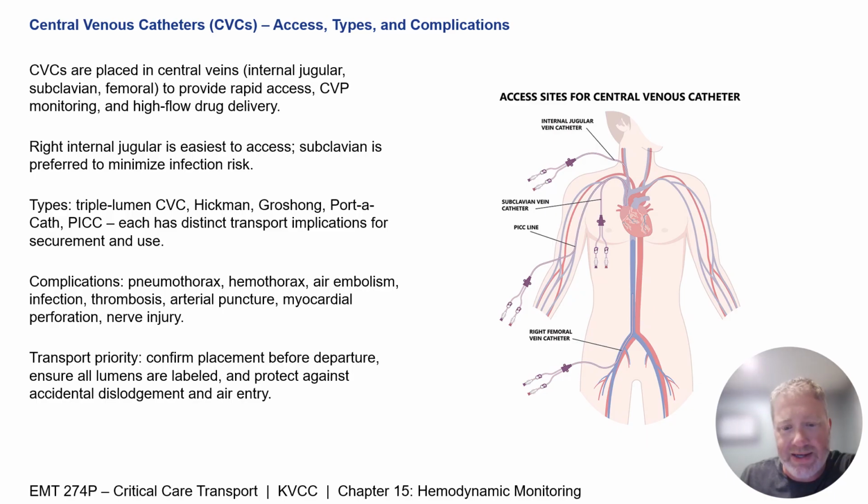So your ability to stabilize it in the right place and ensure that it doesn't move is paramount in the transport setting. Transport teams need to make sure that it's secure, that it's labeled, and that the placement is accurate because catheter dislodgement or air entry can rapidly become life-threatening during movement.